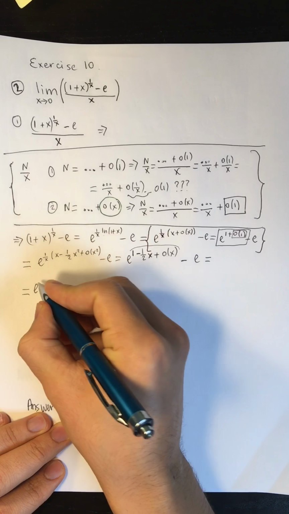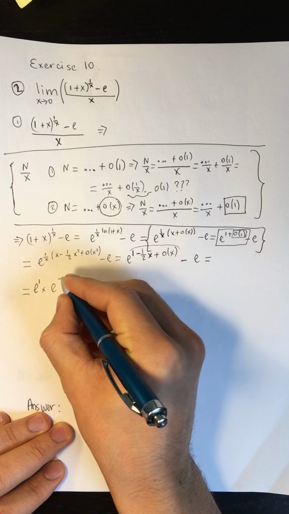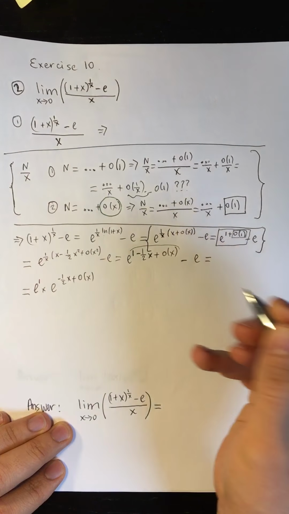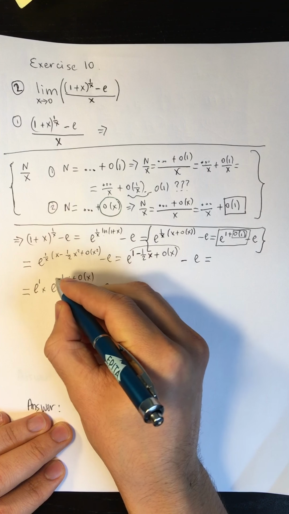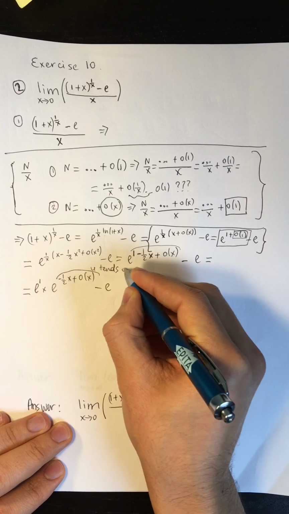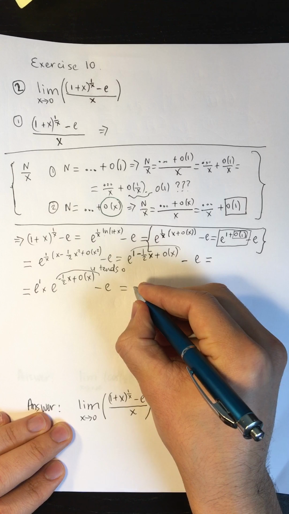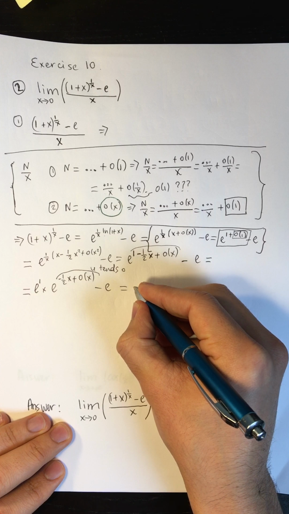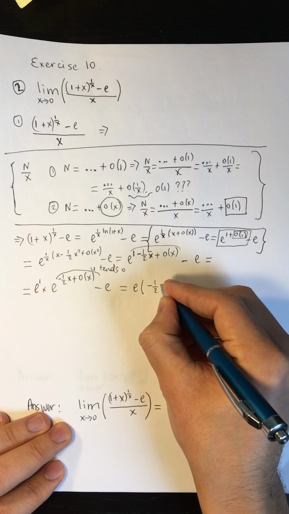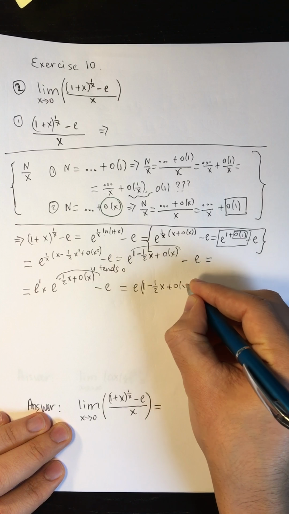What you can do is write this as e to the 1 minus e minus 1 over 2x plus o(x), like this. Now you can say this is u, and it tends to 0. For this, if you use formula number 2, e is going to be 1 over 2, 1 minus 1 over 2x plus o(x).